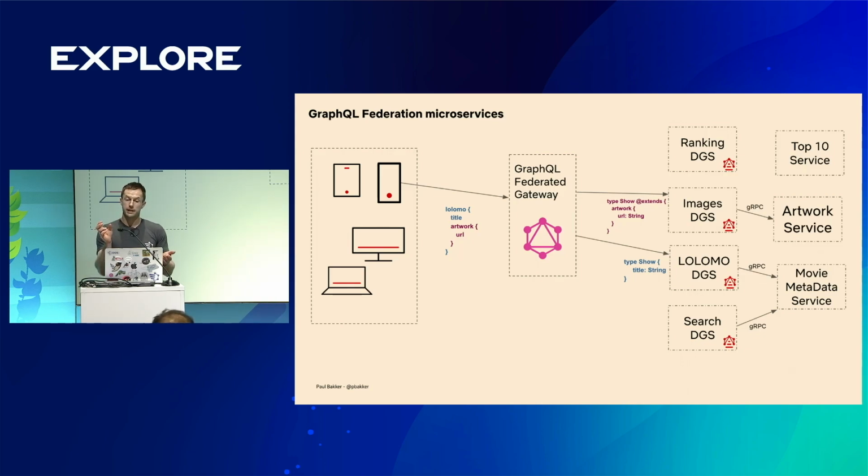So the Lolomo DGS can give me show titles, but then the images DGS can say, well, I want to extend the Show type, and I'm going to add an artwork URL field to it. Because I'm getting a query in the gateway that asks for both title and artwork, the federated gateway is going to write a query plan that calls out to those two different services, gets a result from both, and combines it into a result that goes back to the client.